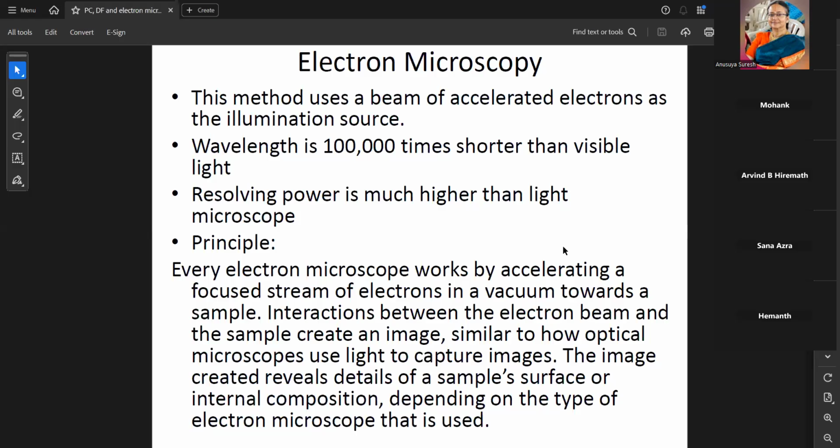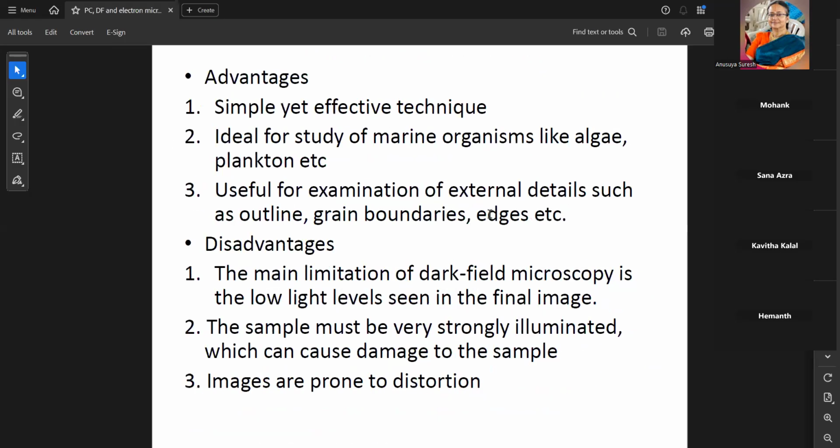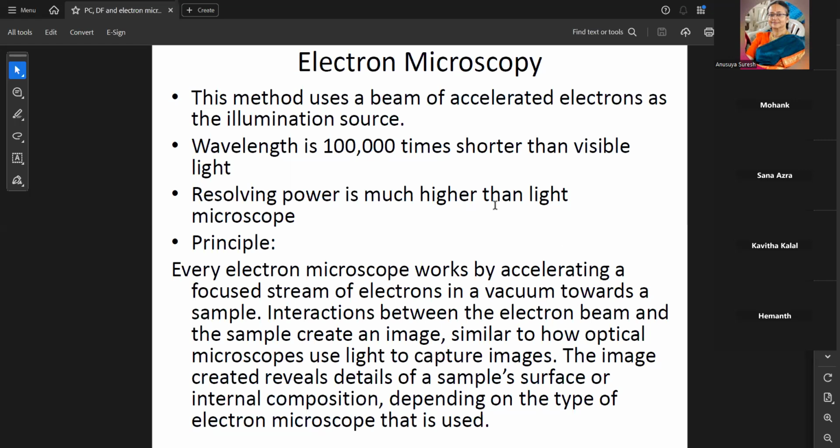So because of that, it has better resolution compared to the light microscope. It has better magnification. So we can see even the tiniest of objects with clarity in this electron microscope method.